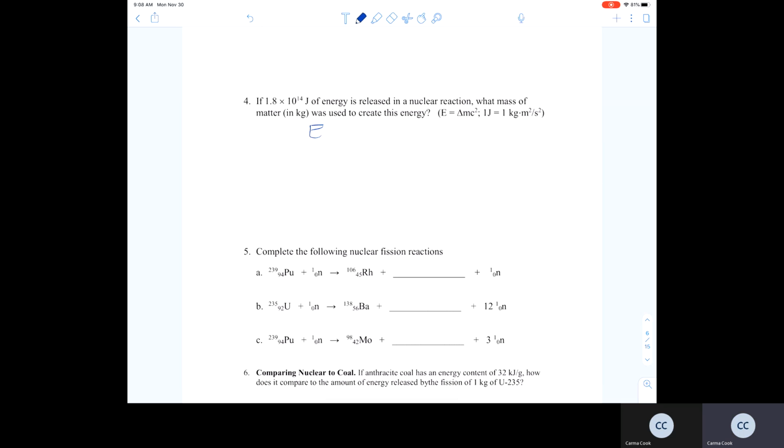And so we're going to use the famous Einstein equation, but this time we're given energy, and what we're being asked to calculate is the delta M. So the delta M is going to be the energy divided by c squared.